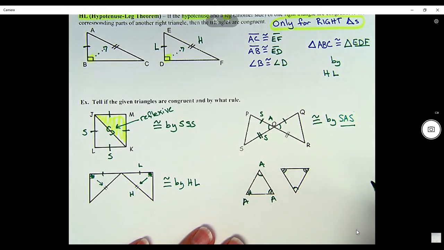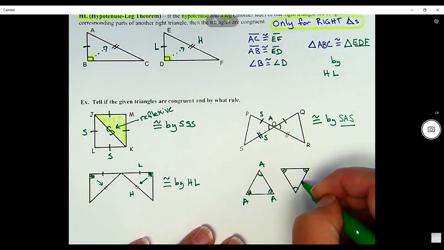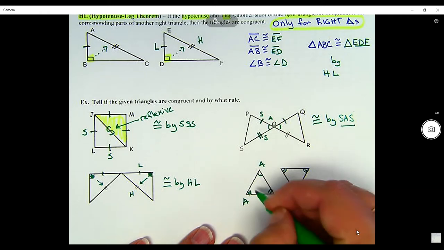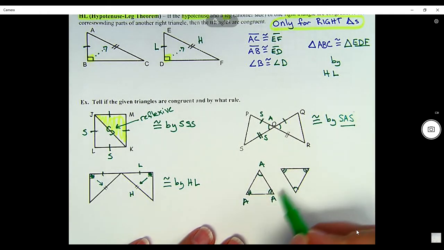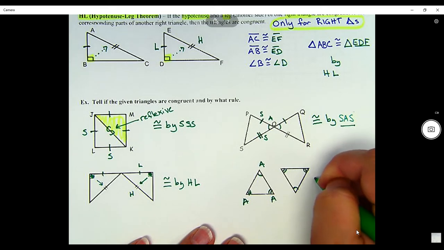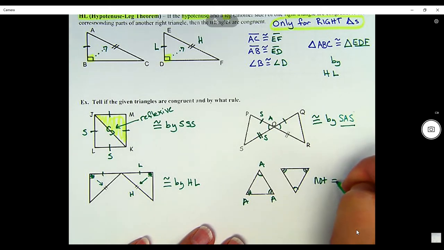Unfortunately, that doesn't prove congruence. It only proves similarity. This could be like a 5 centimeter triangle, and this could be like a 5-meter triangle. So maybe just not drawn to scale. We don't know enough about these triangles to say they're congruent. So we're going to say not congruent, only similar.